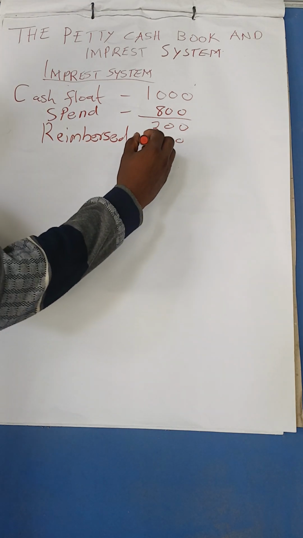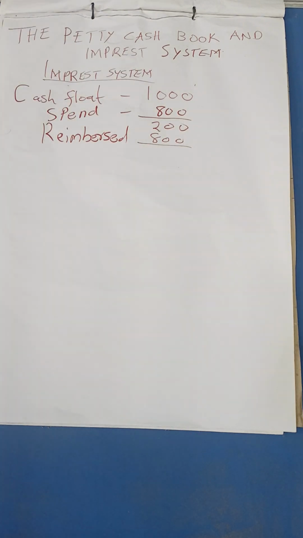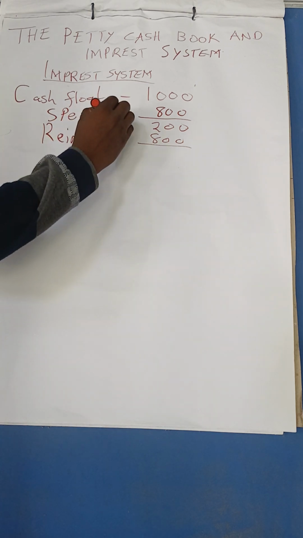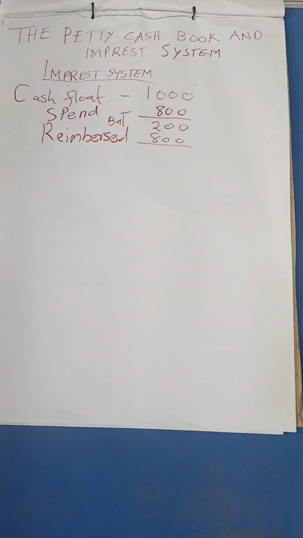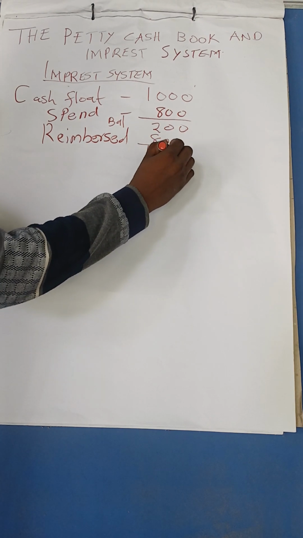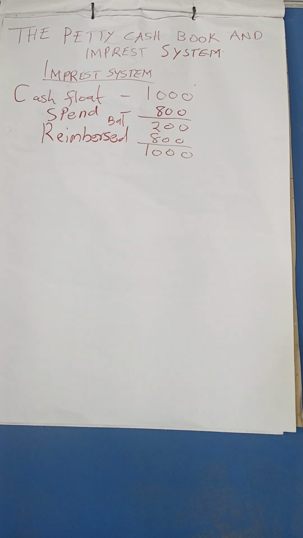After he has been reimbursed 800, and he had the balance in hand of 200, he has been taken back to the original position of 1,000. He has been taken to the initial cash float, or the initial amount he had before he spent.